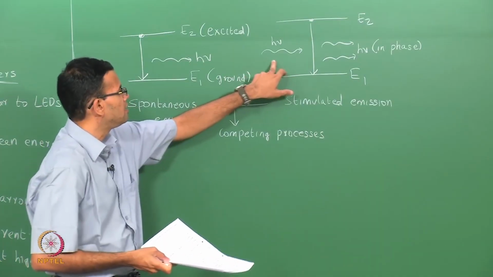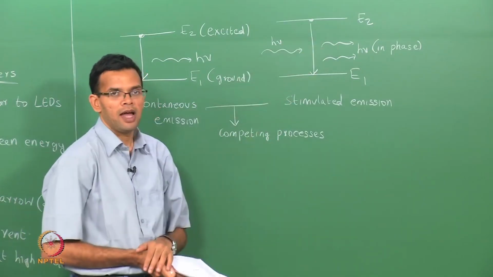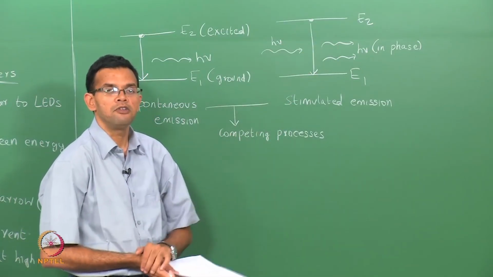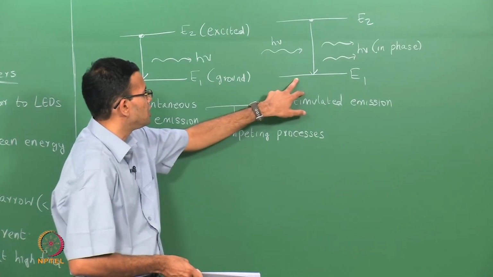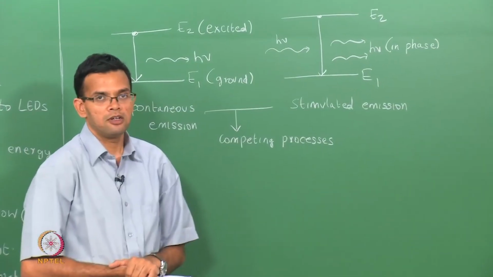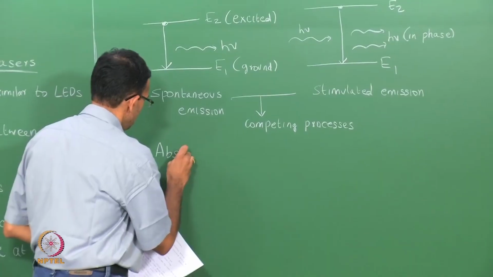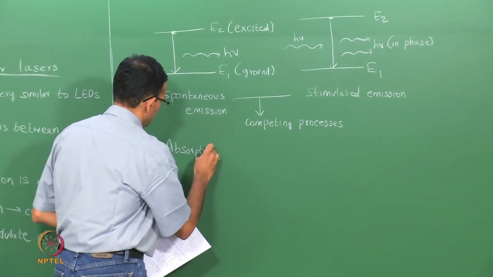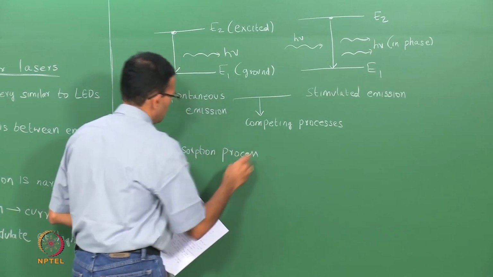When we have an incident light, instead of causing an electron to fall back from the excited to the ground state, this light can be absorbed by an electron in the ground state and take it to the excited state. So, the absorption process can also occur.